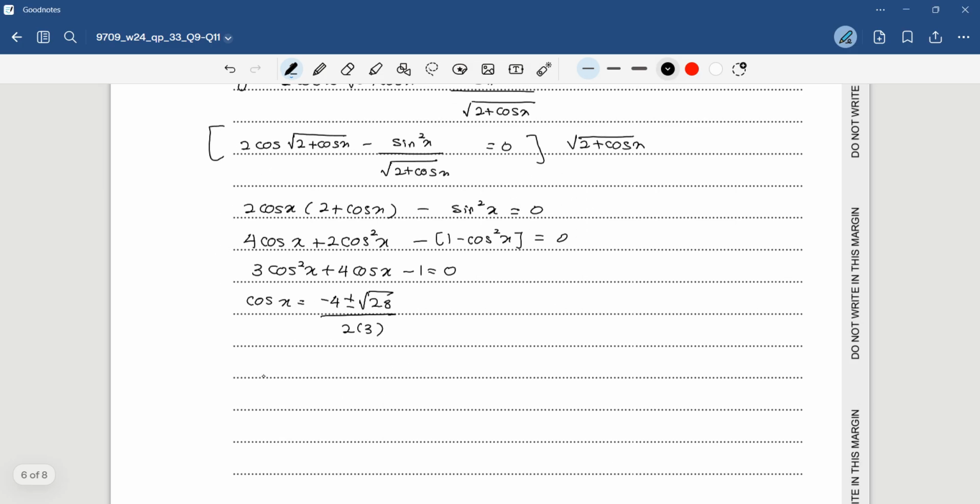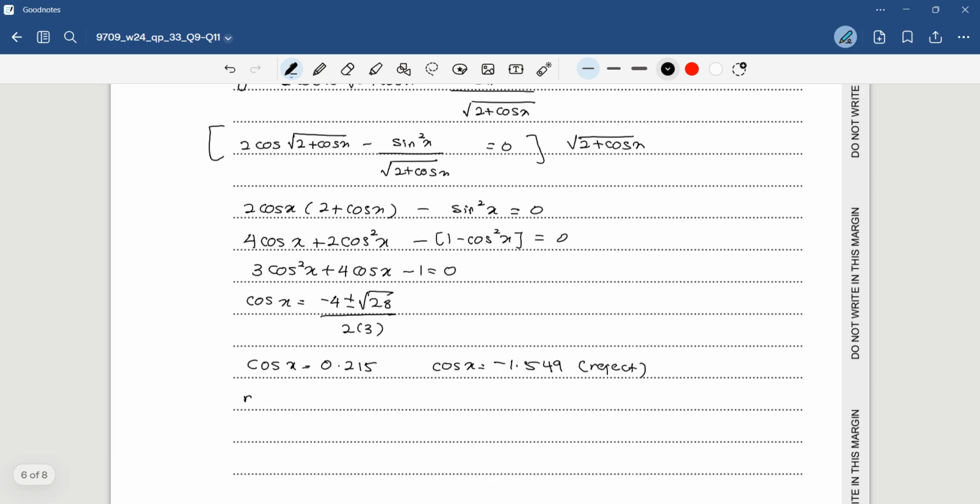Okay, so if you convert them, it's going to be negative 4 plus the square root of 28 divided by 6. So it's going to be 0.215, or your cos x will be negative 4 minus root 28 divided by 6, negative 1.549. So you can reject this because it is less than negative 1.